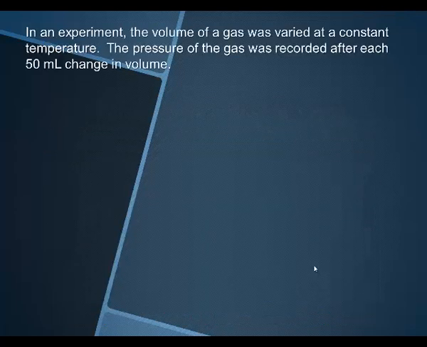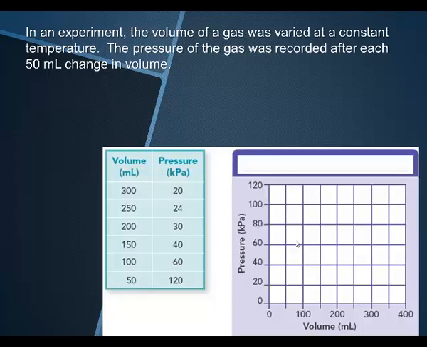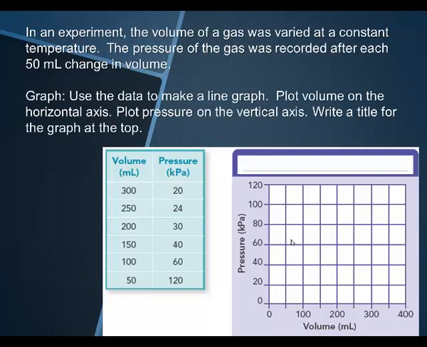So in an experiment, the volume of a gas was varied at constant temperature. The pressure of the gas was recorded after each 50 milliliter change in volume. So using this graph, you need to plot volume on the horizontal axis, plot pressure on the vertical axis, and then also write a title for the graph at the top.